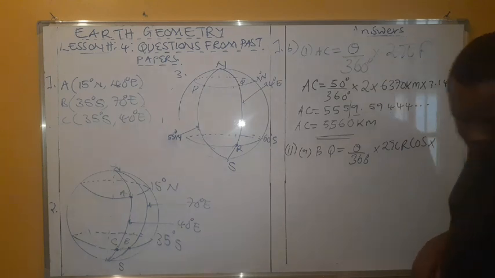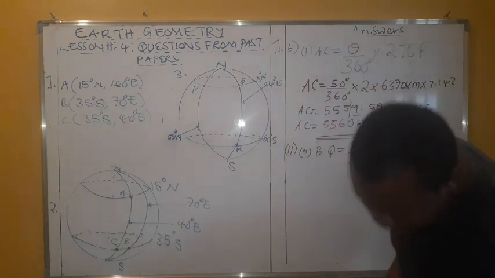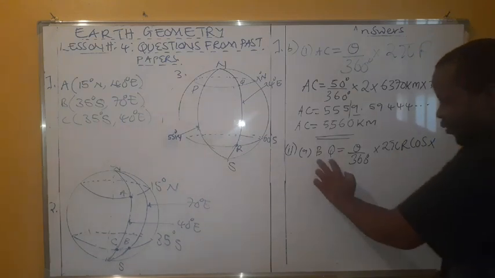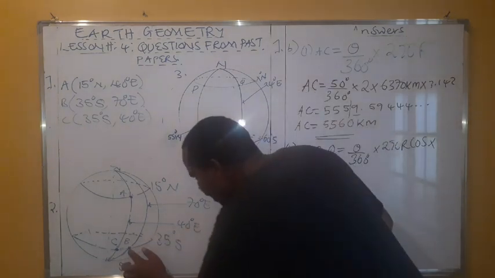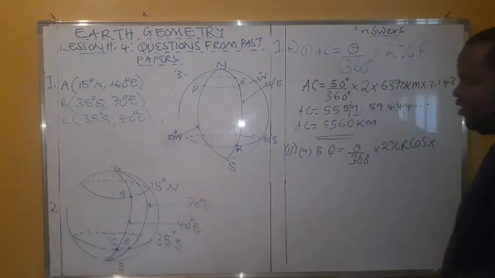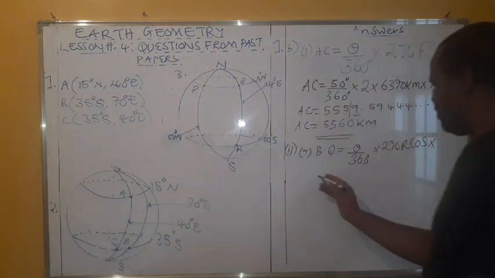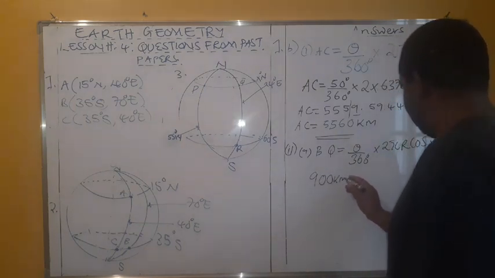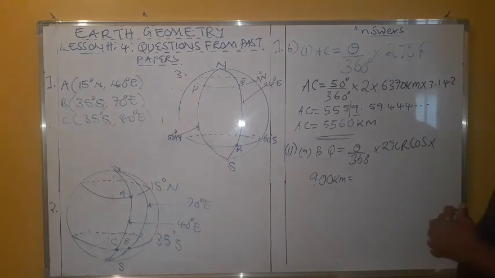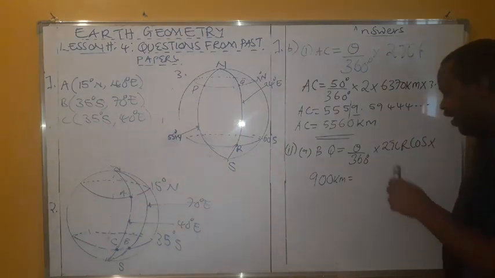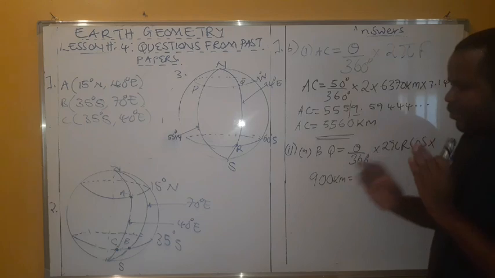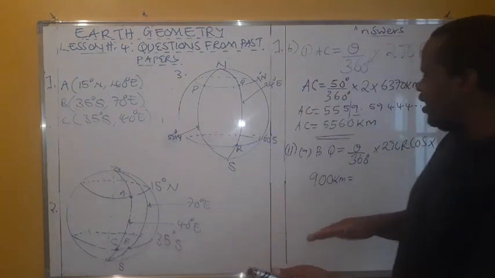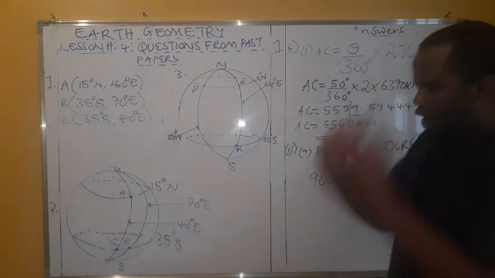Here we will stick to this because it is kilometers. We've been told that the distance between B and Q is 900 kilometers. If you want to find the distance between two points on the same latitude, theta is the difference in longitude.